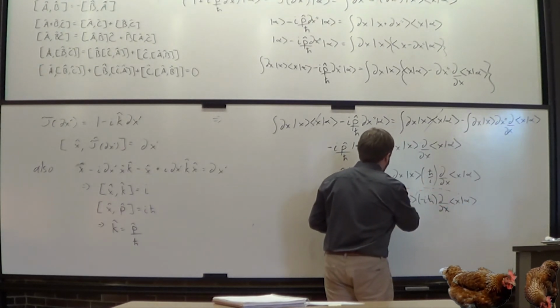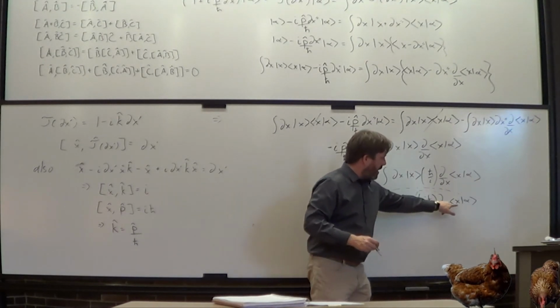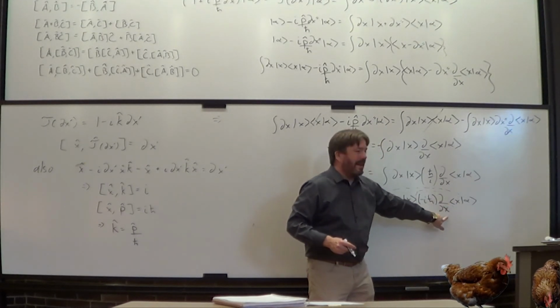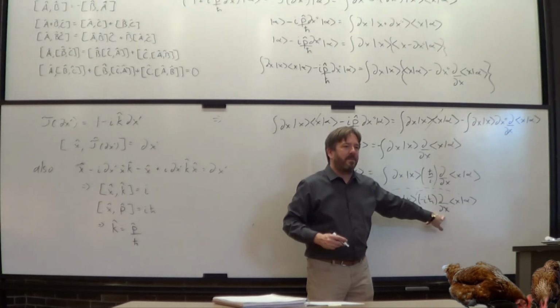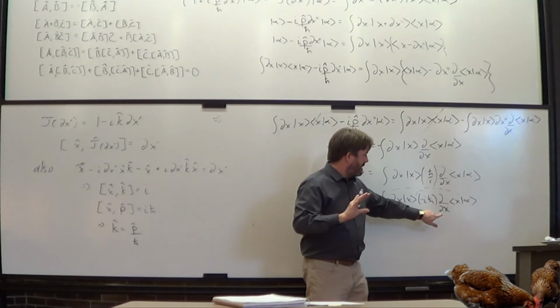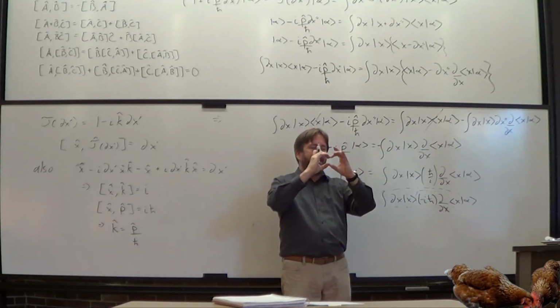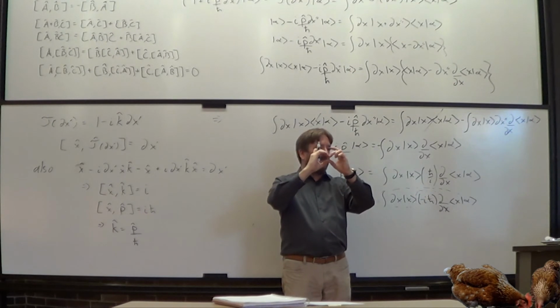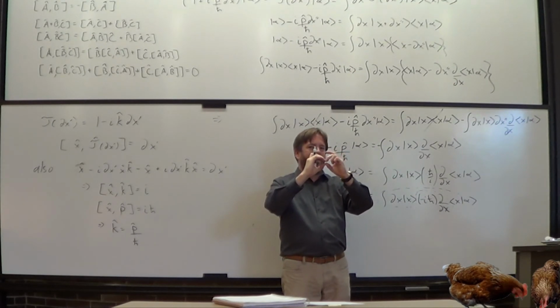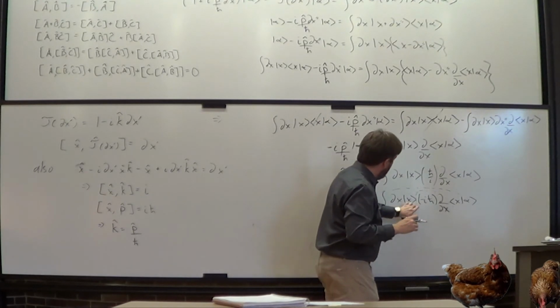Integral dx outer product xx. But the operator has slipped itself in between, and that means you can't just take it out. Can't do that, right? It's tempting, but in a resolution of the identity, that bra and ket have to be right next to each other. That's not something you're allowed to do. So that's why we're actually done.